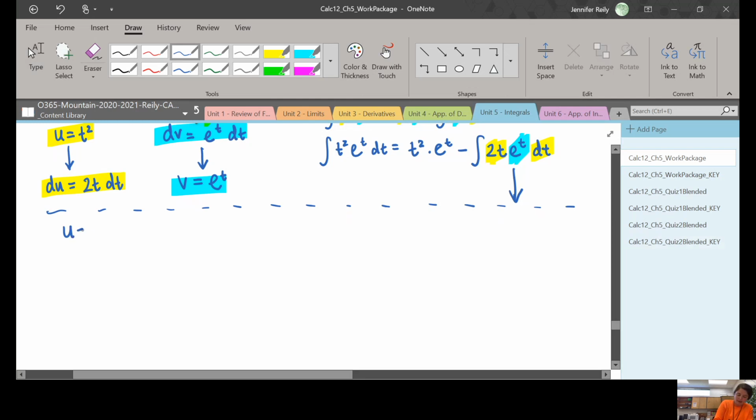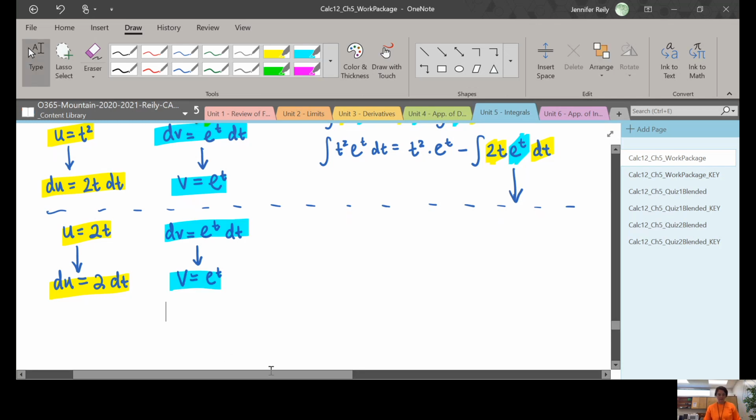Okay, so this time my u is going to be the 2t, and du is going to be 2. And my dv will be e to the power of t, and my v will be e to the t.